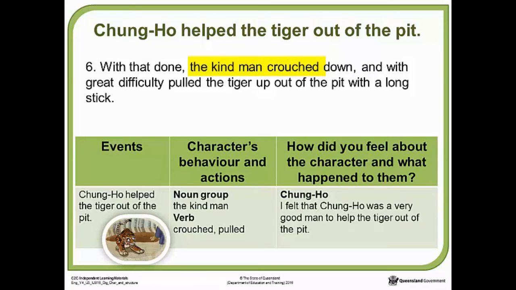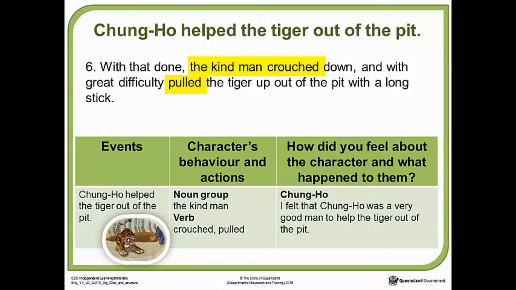And there is also another one, pulled. These words in the story made me feel that Chung Ho was a very good man to help the tiger out of the pit. Can you see that the language used to describe the events helped to let us know how to feel about the characters and how we would feel about what was going to happen to them?